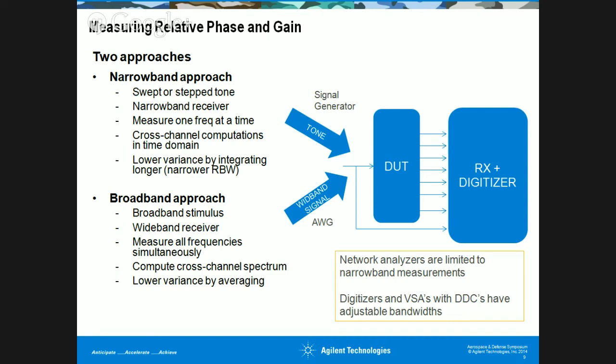Then I can calibrate my system so that I can maintain my beam forming accurately. I can maintain my beam switching, I can maintain my beam steering accurately. Otherwise, as was suggested earlier, we will end up having side lobes and unwanted interference. Right? So there are two approaches for such application, what we call a narrowband approach and a wideband approach.